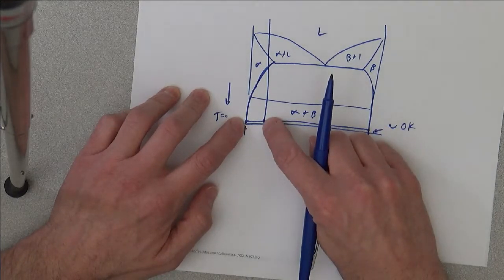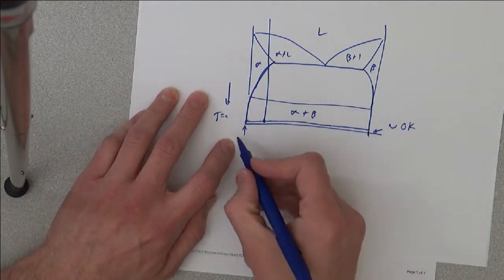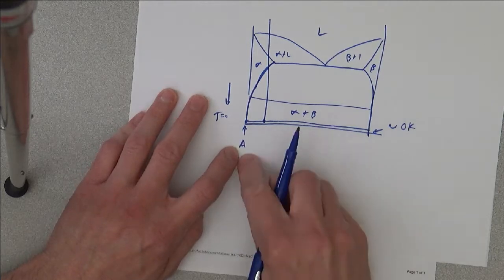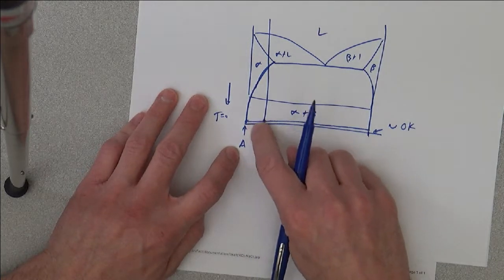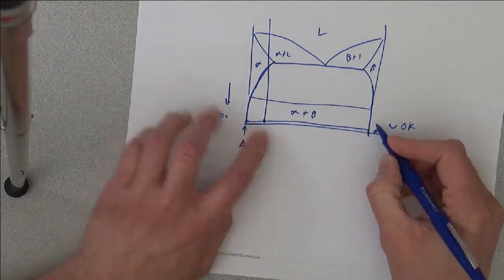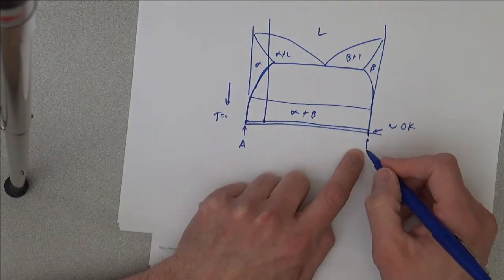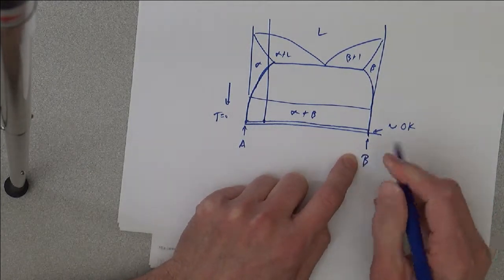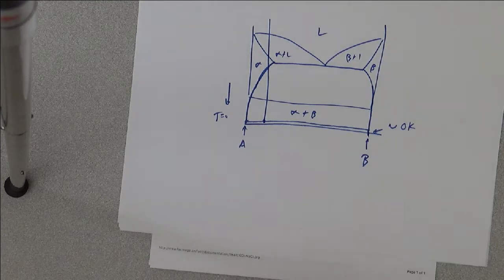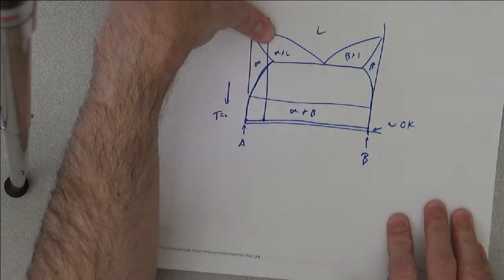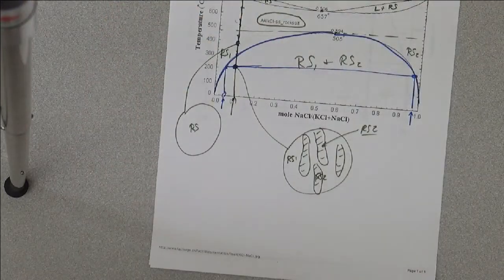This alpha phase is almost pure component, whatever's over here, say you call this an AB phase diagram, A, and over here, the composition is almost pure B. And as I said, this is a consequence of the laws of thermodynamics. So this is one example phase diagram.